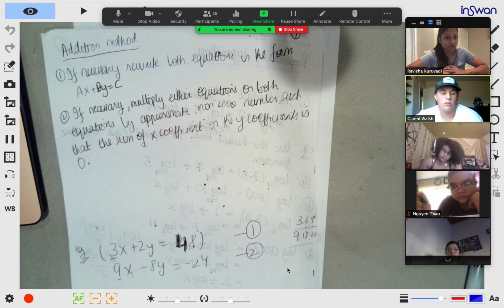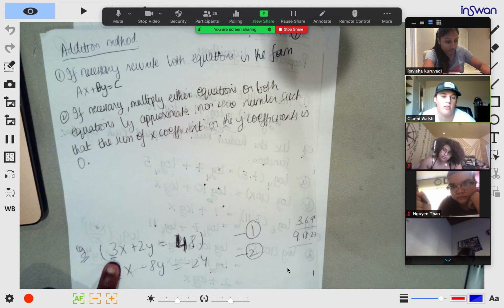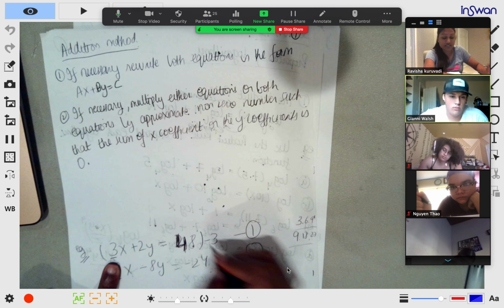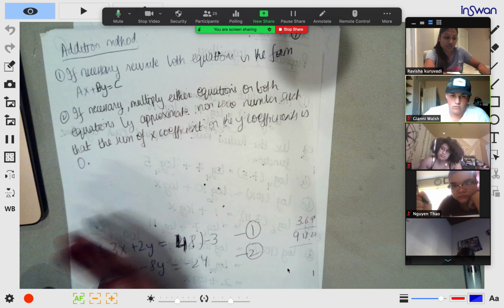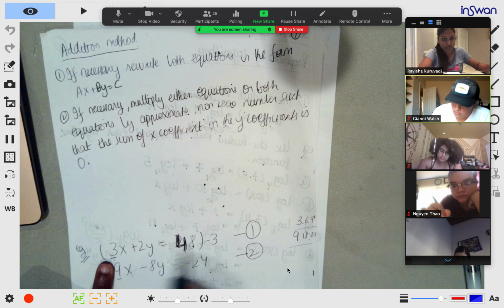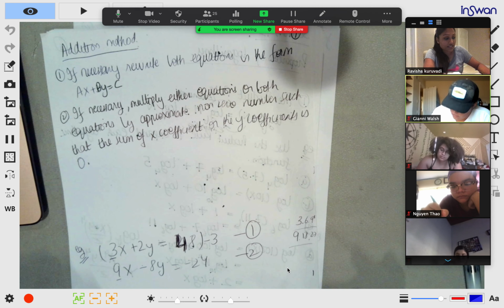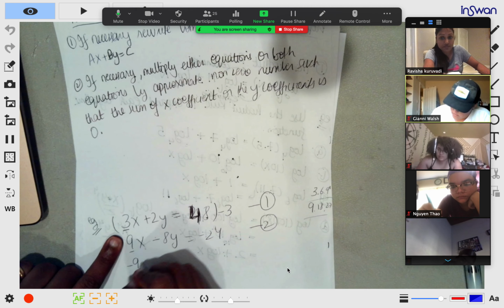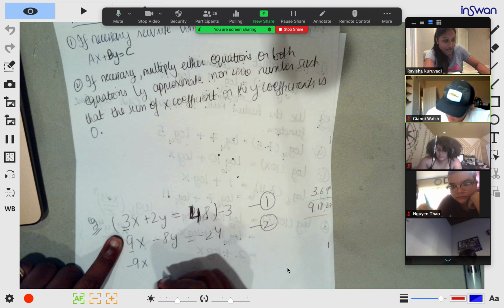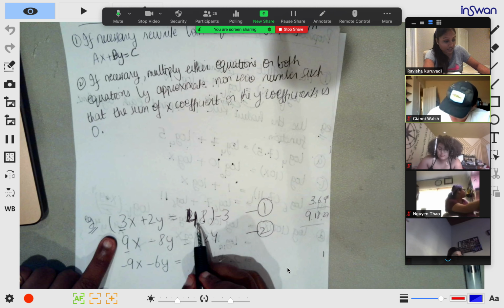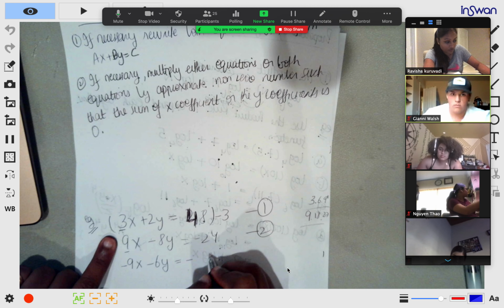You have to multiply the first equation by negative 3. Exactly, correct. So you just look at this thing. I don't have to worry about everything else. Since I need this to be negative 9, I will multiply by negative 3. 3x times negative 3 gives me negative 9x. 2y times negative 3 gives me negative 6y. 48 times negative 3 gives me negative 144.